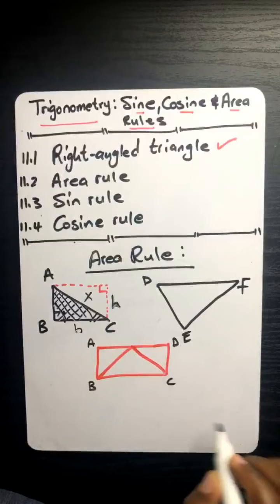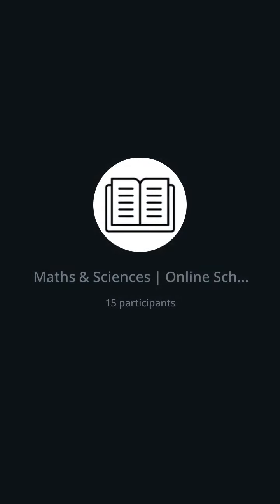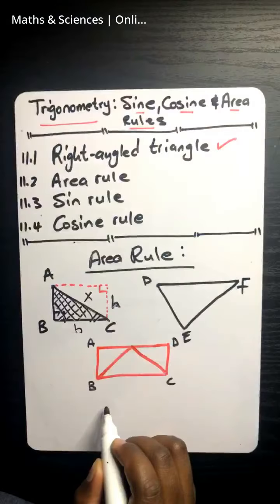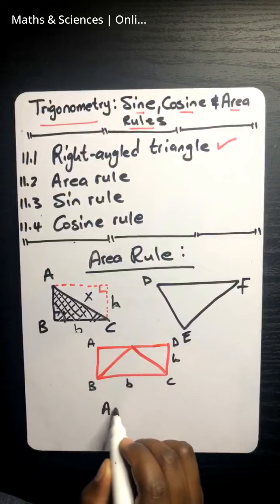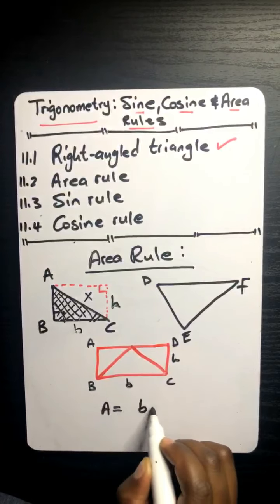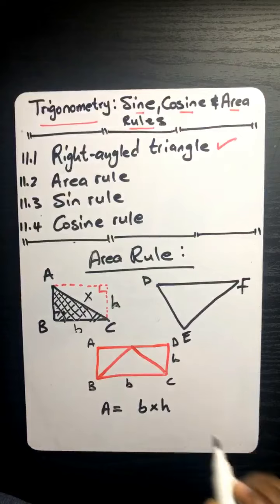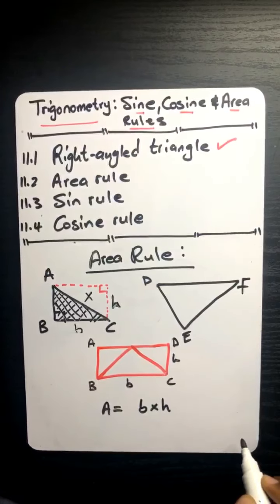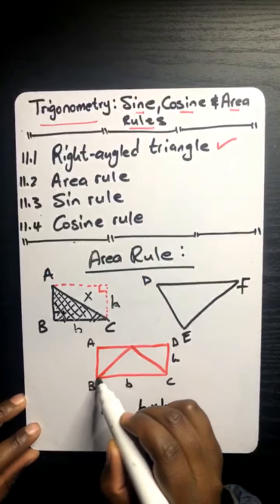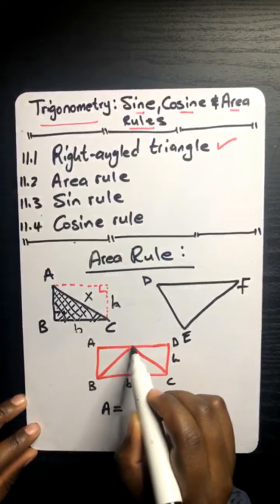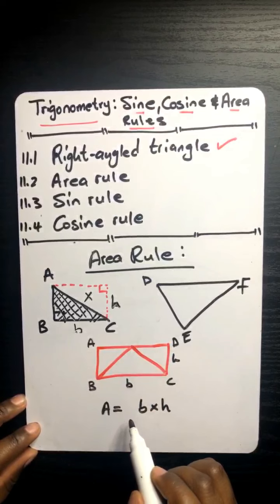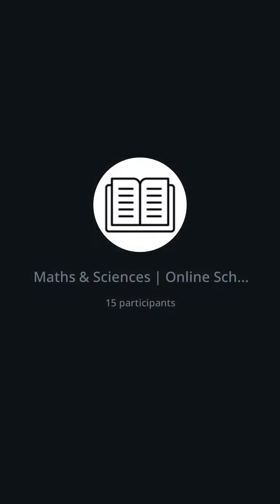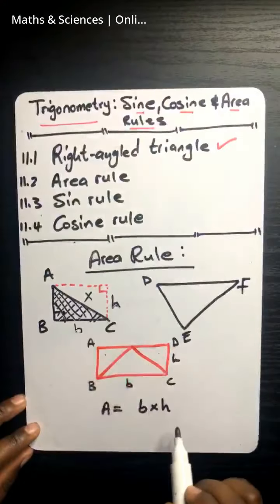I just want you to notice that this is the breadth, this is the height. We said the area of a rectangle is equal to breadth multiplied by the height. But now, is this triangle equal to this side and that side?